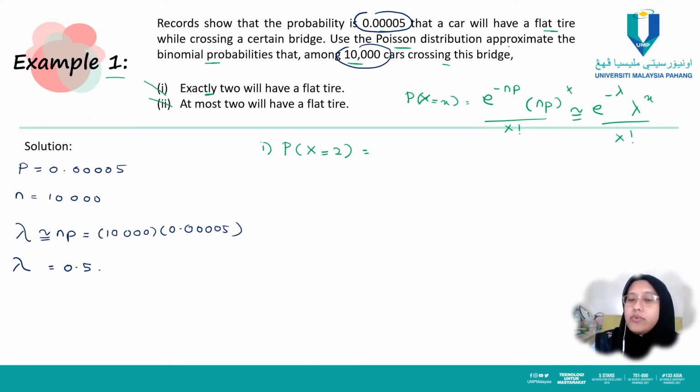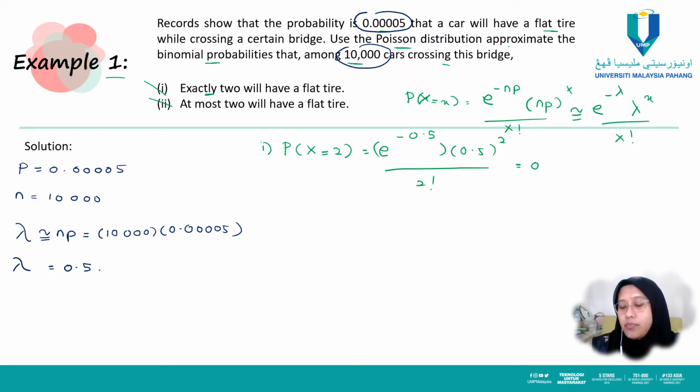Since we already have the value for lambda, let's substitute the information into our formula: e to the power of minus 0.5 multiplied by 0.5 to the power of 2 divided by 2 factorial. Then you just use your calculator. So the probability that exactly 2 will have a flat tire is equal to 0.0758. So this is for question number 1.